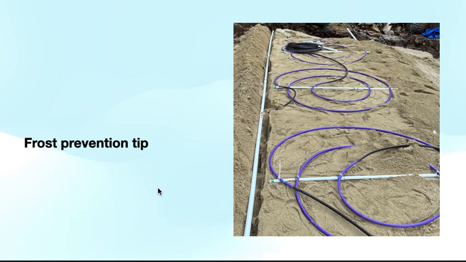Now I want to get into some frost prevention tips. If you're in an area where freezing is a considerable issue, we have a couple of just rudimentary, perhaps primitive tips on doing that. You can see in this picture here where I have my cursor going, you can see this supply line going out to the coils.